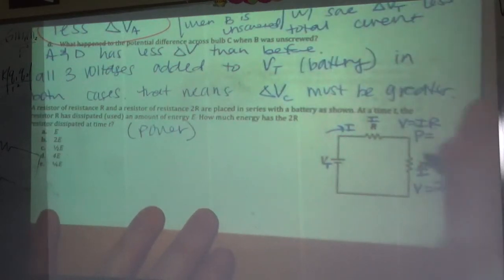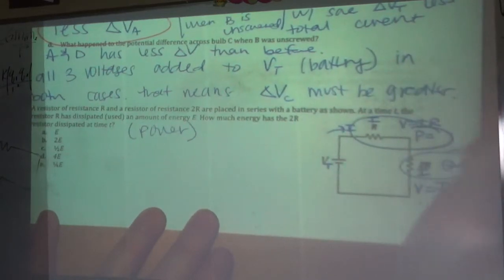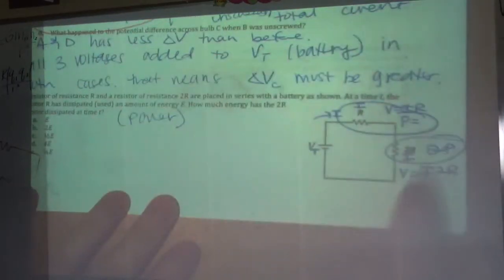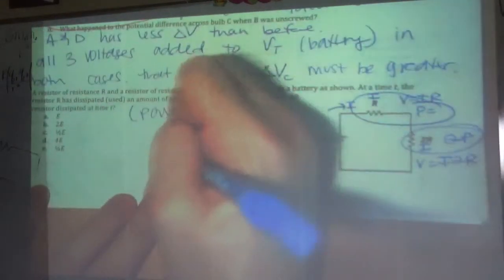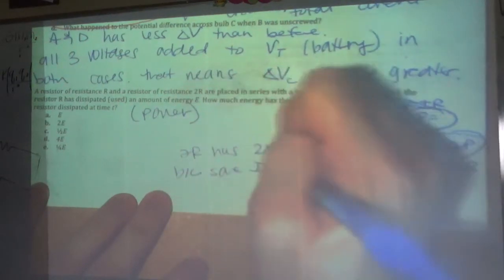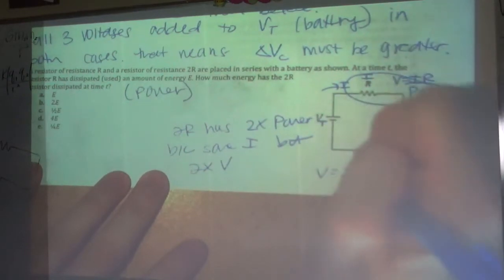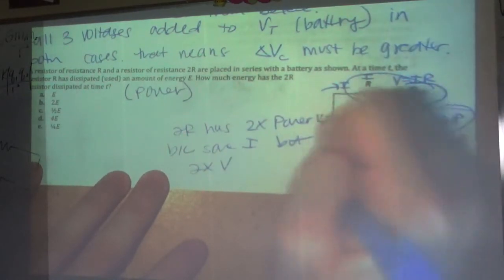If this one has a power P, this one has a power 2P. So 2R has 2 times the power because they have the same I, but 2 times the voltage because V equals I2R.